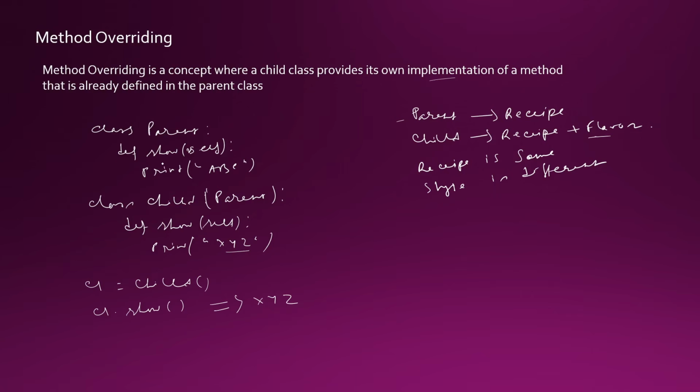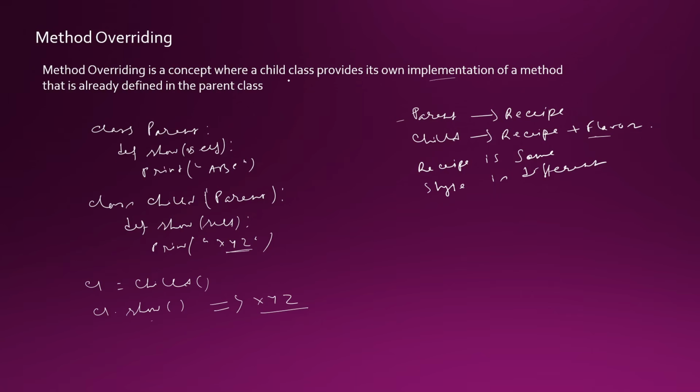Whatever method is present in the parent, my child class overrides it and updates whatever I have mentioned here. That is why when I call my show method, it shows XYZ, not ABC.